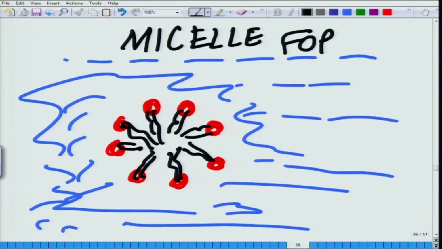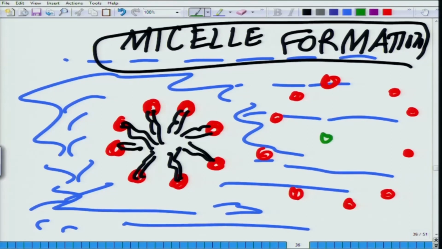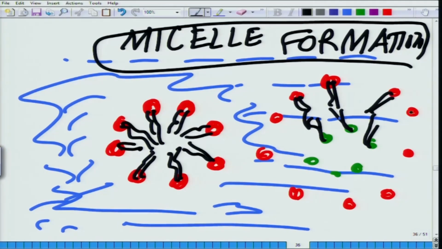But then why, while I was drawing the cell, did I draw it like this? If you remember, I was drawing it like this, and I showed you here, I drew a double layer.